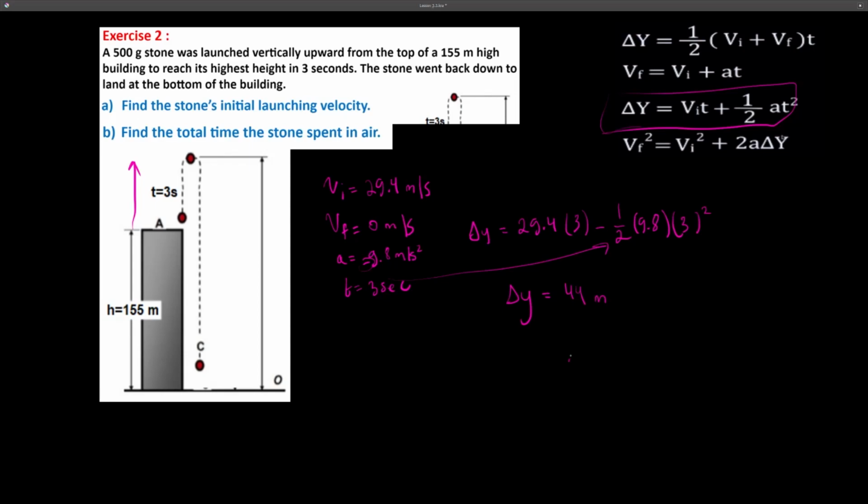Now, knowing this, we can add this to the total displacement. So it's going to be 155 plus 44, so now our total delta y is going to be equal to 199 meters. And we can use this exact same formula again.